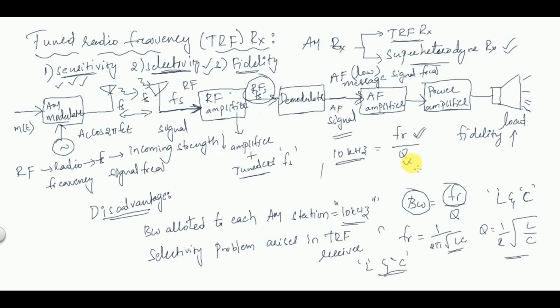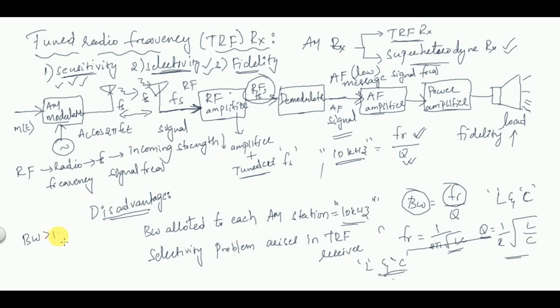If you are tuning the L and C components, both vary. FR varies, that is, the resonant frequency varies, and also Q varies, because both depend on those two components, L and C only. Okay, so it is impossible to keep this 10 kilohertz constant, which must be kept constant.